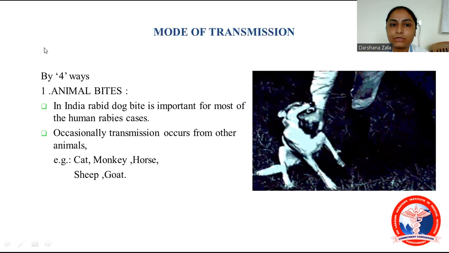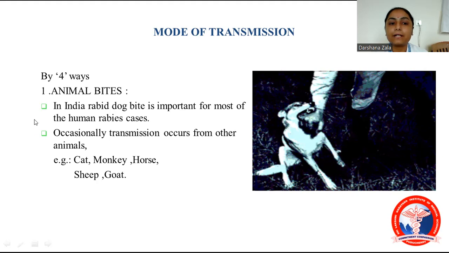Now, mode of transmission. There are 4 modes of transmission of rabies. First is animal bite, second is licks, third is aerosol transmission, and fourth is person to person transmission. The first and most common one is the bite by the animal.